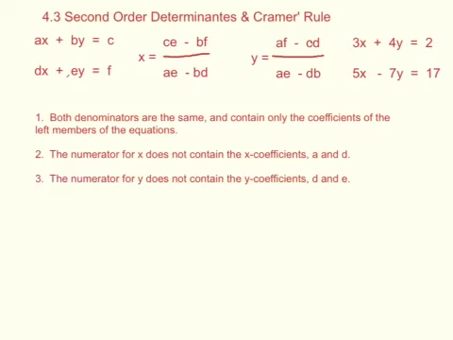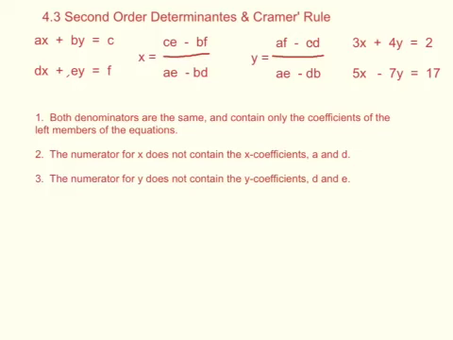To review, from the previous two slides, what we saw is to solve for x, this is the equation we use with those coefficients. To solve for y, here's what we use. Now notice the following. Both denominators are the same, for x and for y.